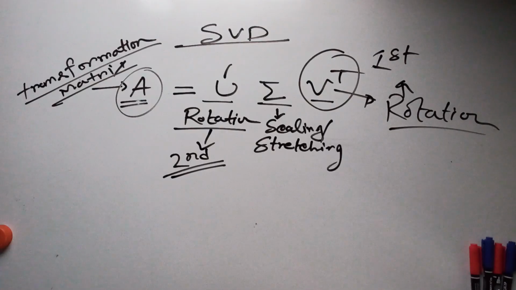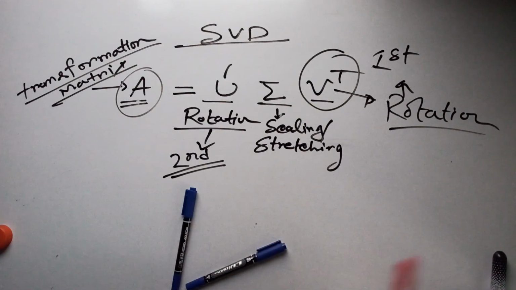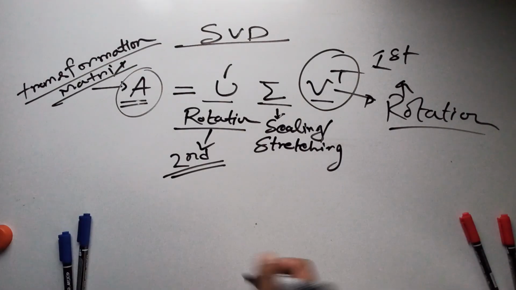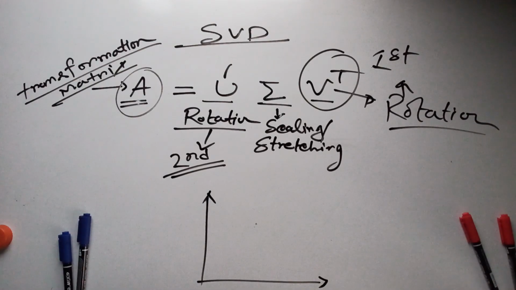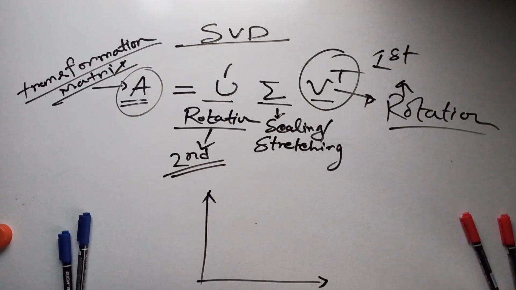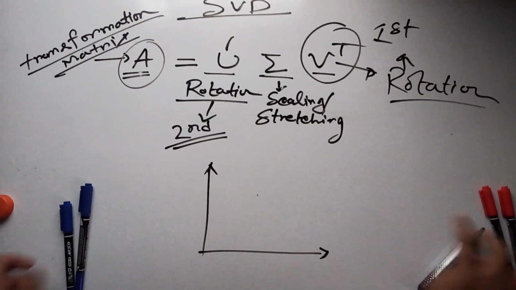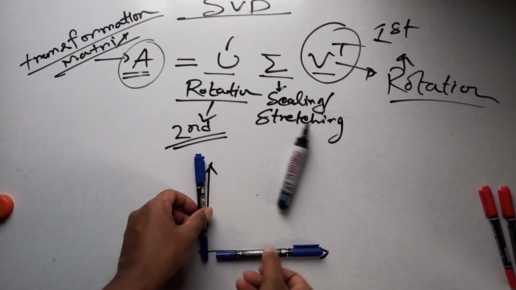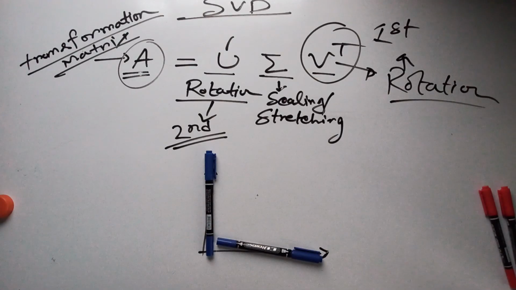Okay, now to understand this concept, let's demonstrate something special. Suppose I have two axes. This is our axis, right? In this axis, suppose we have two vectors.